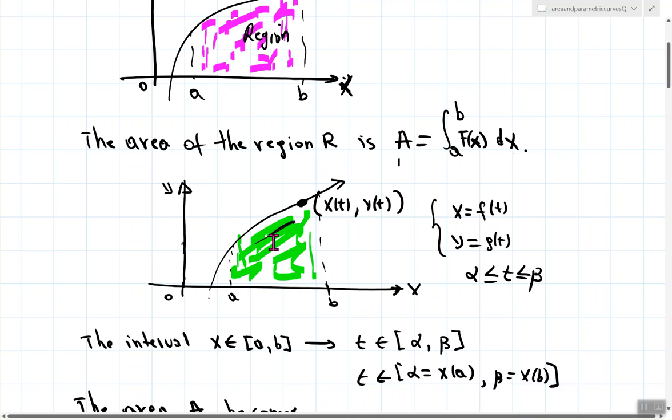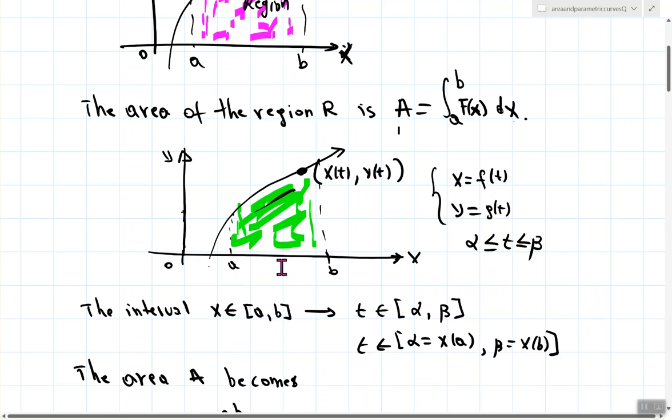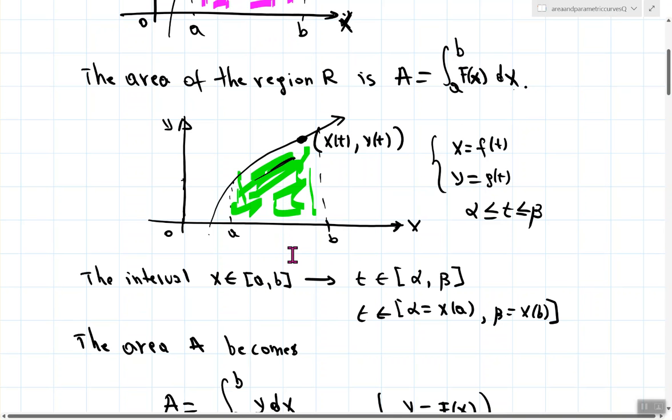So we have the same region here, and we want to find its area. Only there's a difference here. We're not dealing with a function of x. We're dealing with two parametric equations that describe the given curve. So the point is to find the area of this region.